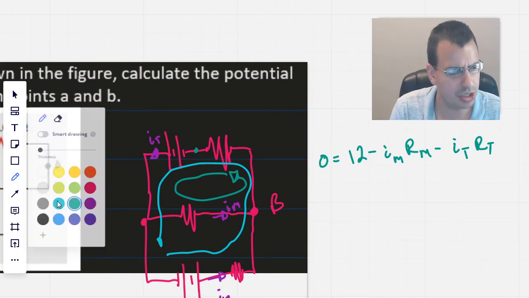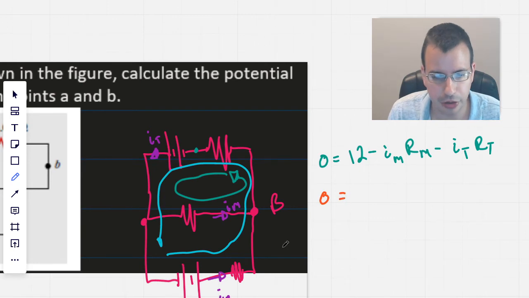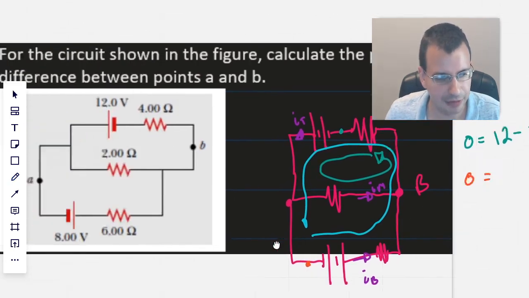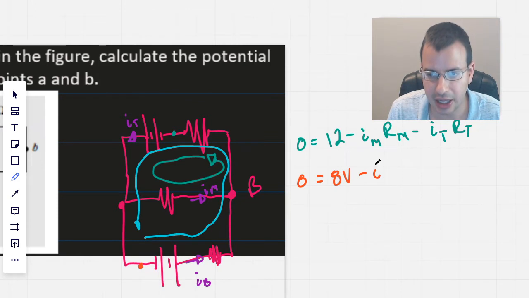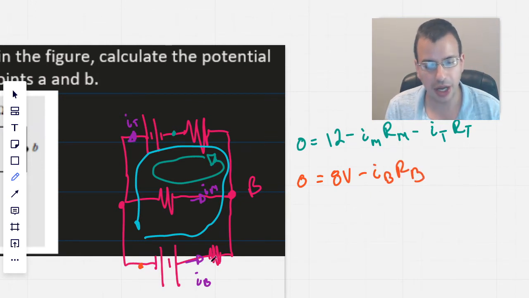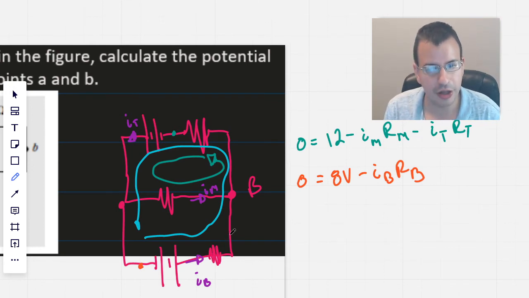Okay, we're going to do this other loop here. I'll change colors, I think I'll do orange. Zero then. We'll start this side of the battery just because I like to. And I think it's an 8 volt battery. 8 volt, yep. 8 volt minus I bottom, R bottom. I try to go through the resistors in the same direction as the current, but you don't have to.